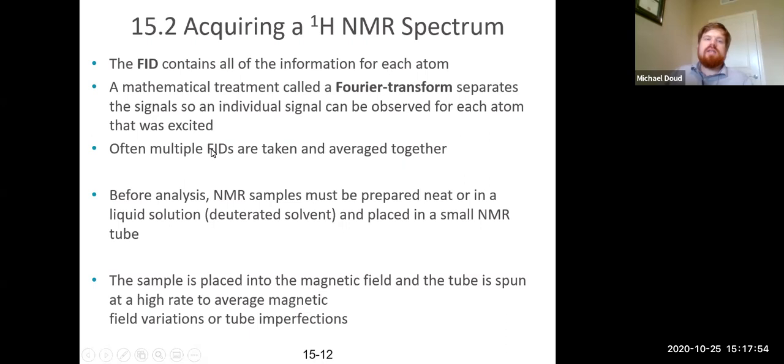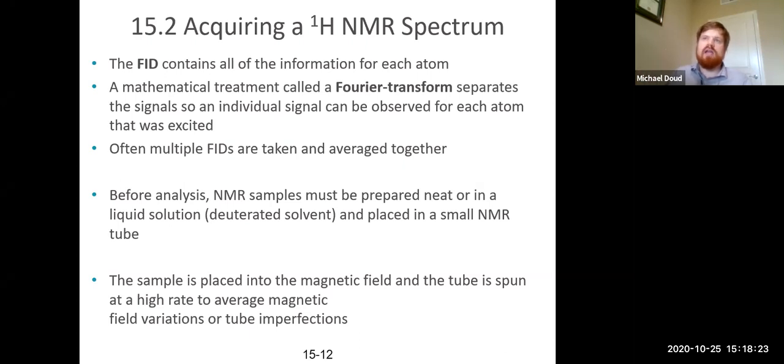What tends to happen is you take 8 or 16 FIDs, and then you average them all together. And then after that, you apply the Fourier transform. That allows any noise that's in there to get weeded out just by averaging, and gives you a cleaner NMR spectrum. Now, in order to take an NMR, the sample of your organic compound has to be put into a liquid solution with a deuterated solvent.